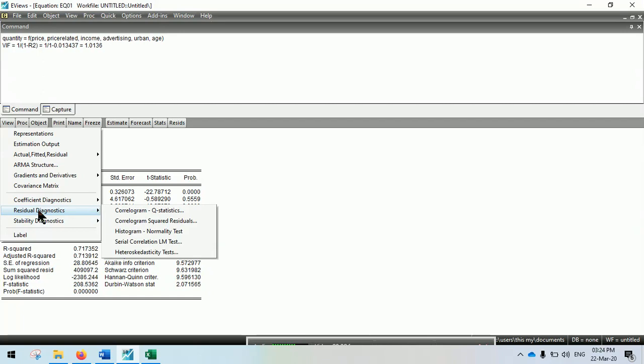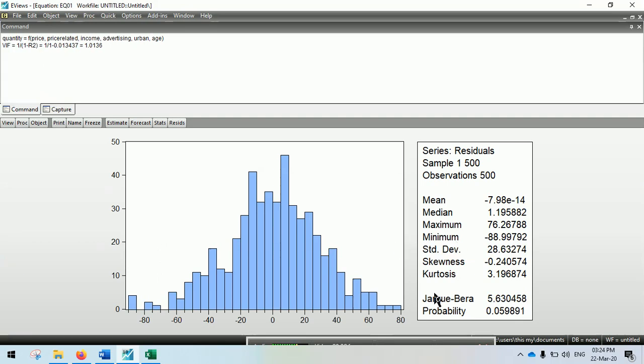View, residual diagnostic, and we put histogram normality test, and we will have the probability here also above 0.05, which is 0.059. So what is the null hypothesis? Null hypothesis: error term normally distributed, and H1: error term is not normally distributed.